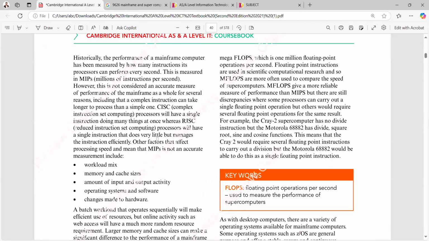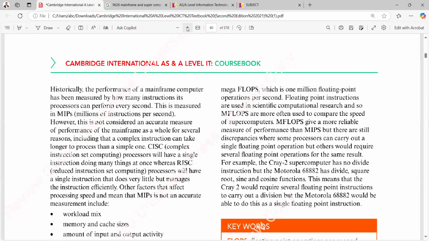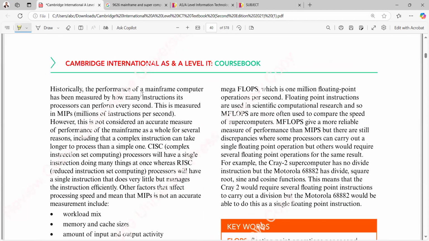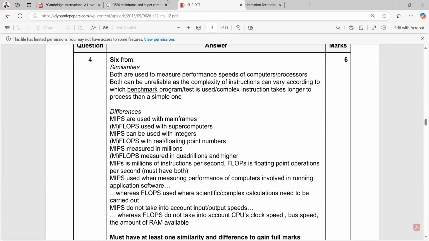Historically, the performance of a mainframe computer has been measured by how many instructions it can perform each second, measured in millions of instructions per second. So if it is a mainframe computer, it is measured in MIPS, which stands for millions of instructions per second. However, this is not considered an accurate measurement.